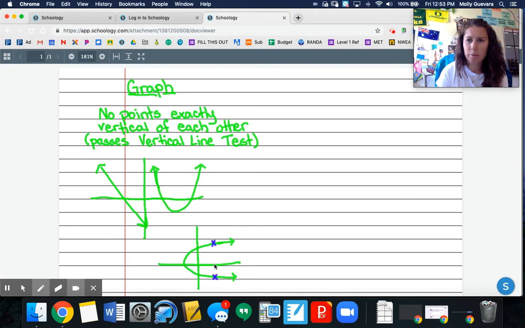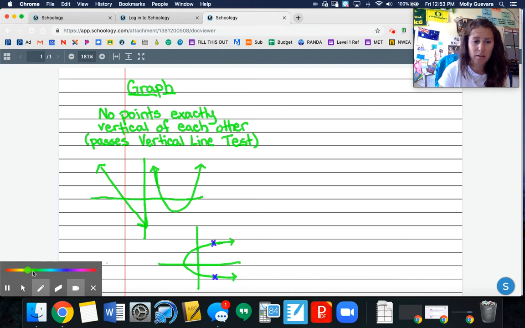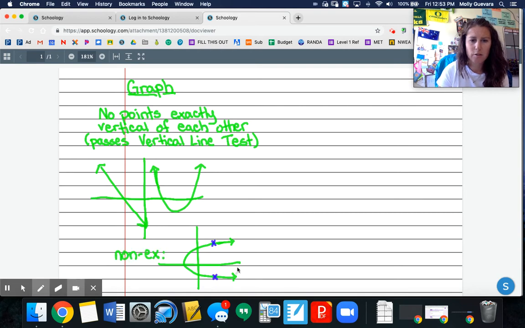If this is my input, that gives me two different outputs, one up here in the positive and one down here in the negative. And I can't have that. So this would be a non-example. And I'll never get that same color green back, but that's okay. Non-example, right here. So this is not a function. Not a function. So that's what it looks like when we're talking about graphs, okay?